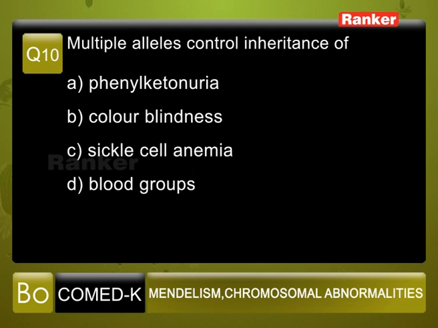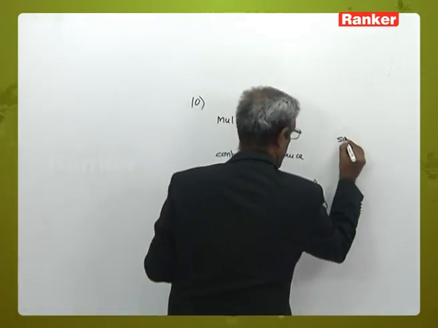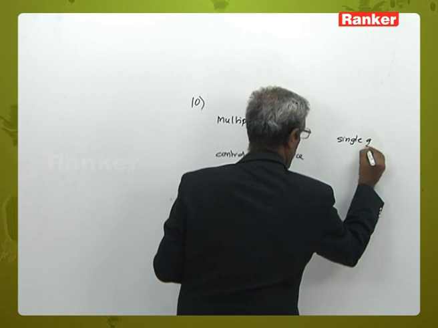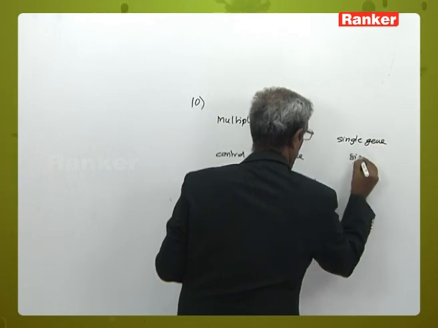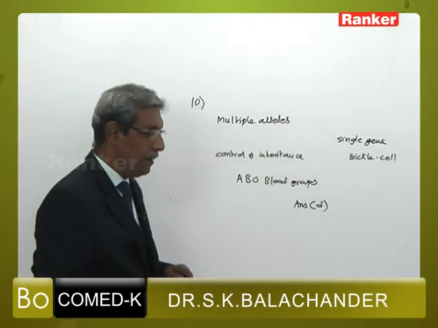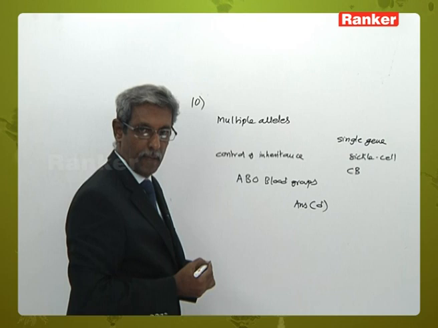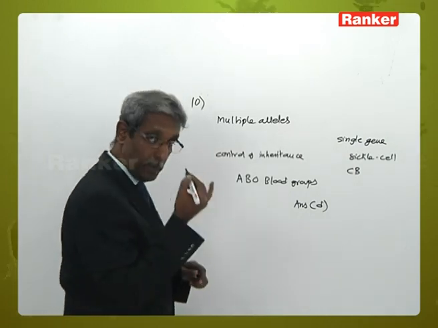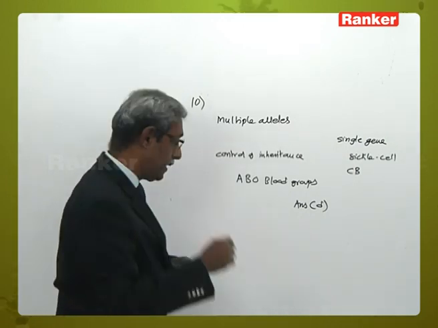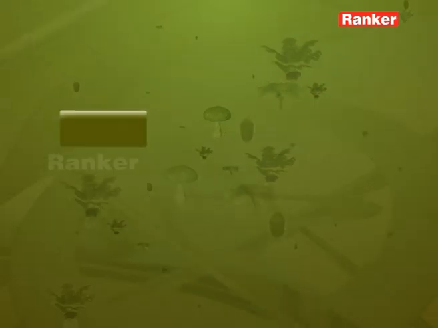So, hence the answer is D. While if you take sickle cell anemia, it is because of a single gene. Same as the case with color blindness. And phenylketonuria is a metabolic disorder which is not inherited. So, the correct answer is D, related to blood groups.